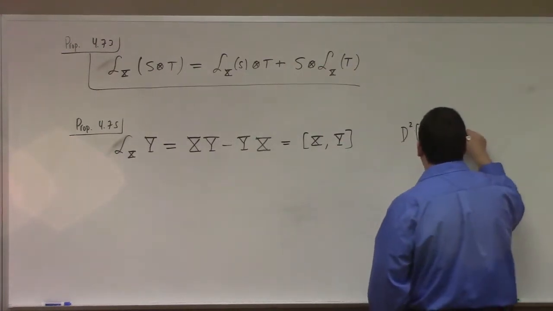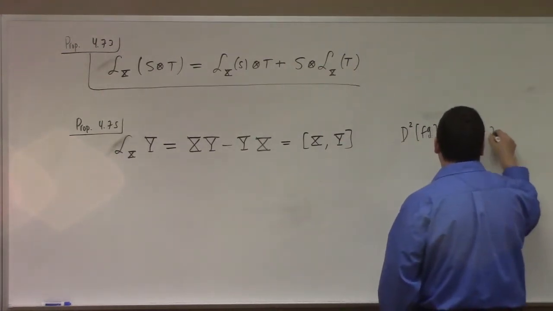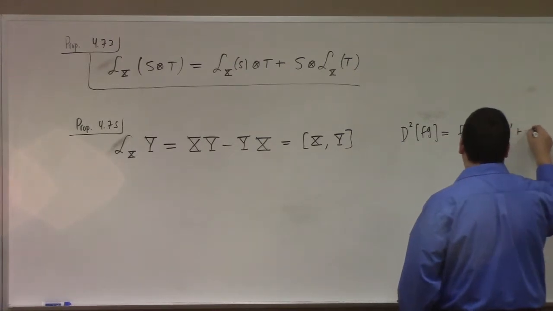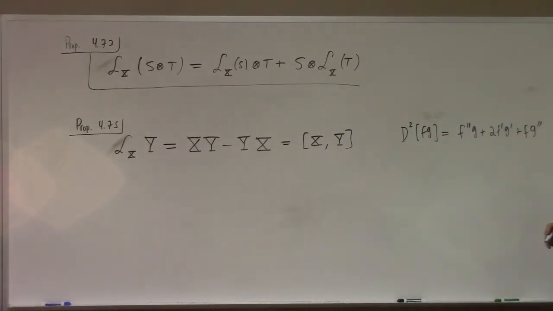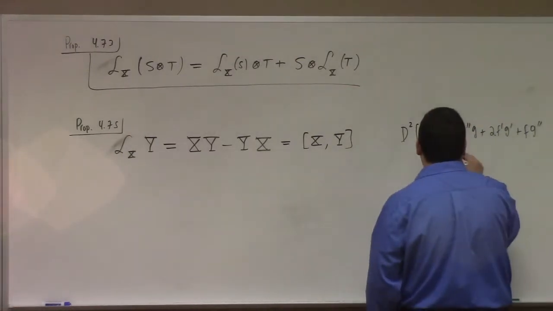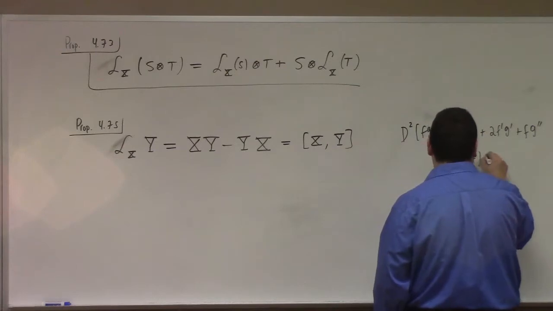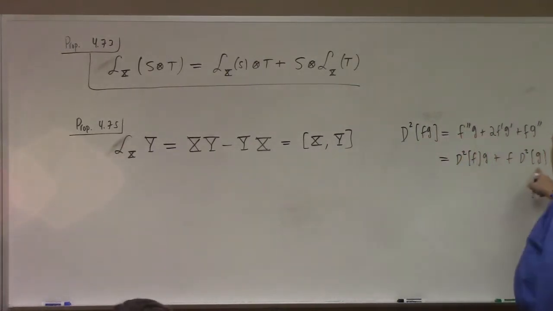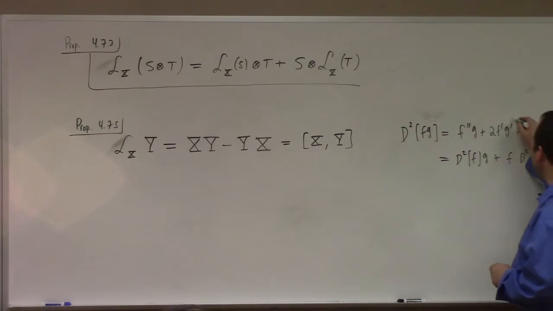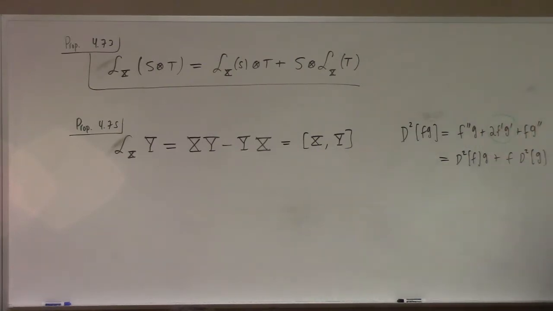You get f prime prime g plus 2f prime g prime plus f g prime prime. What you'd like for it to be a derivation is that it's d squared acting on f times g plus f acting on d squared g. But you notice what happened. Oopsie, this guy, his second derivative is not a derivation.